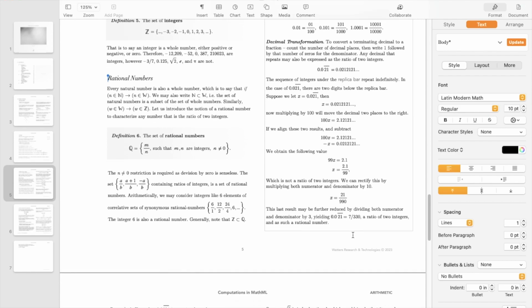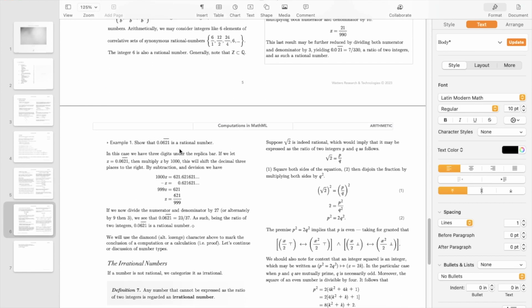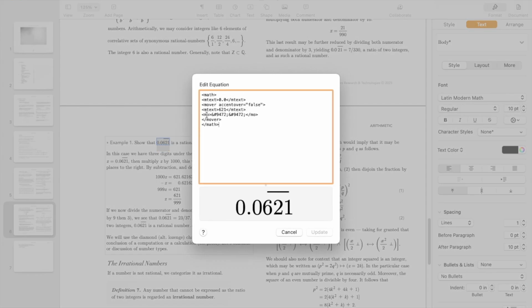Okay, so you get to see some MathML in terms of how I deal with the over bars. Same deal here. And again, if I change this to mn, which is of course the actual context markup, that would be important to get right.